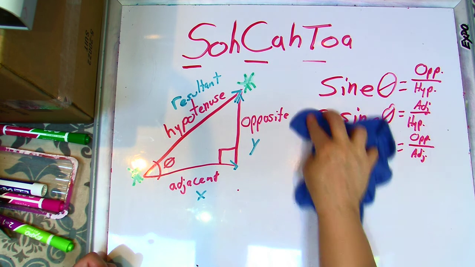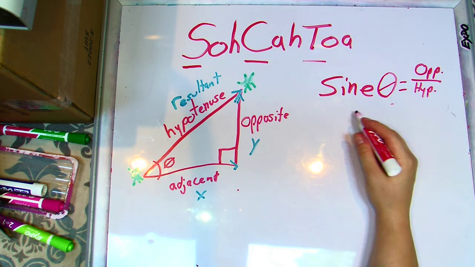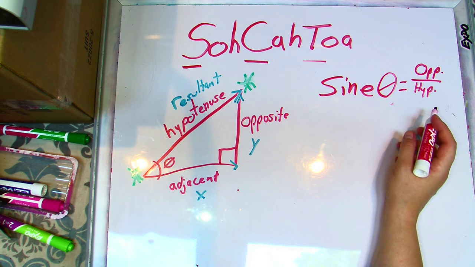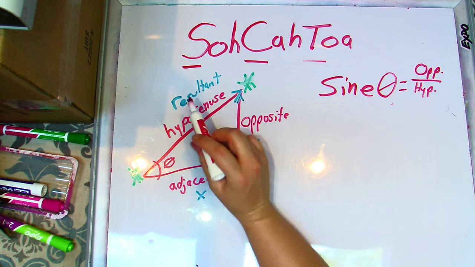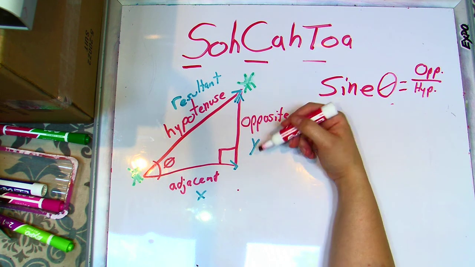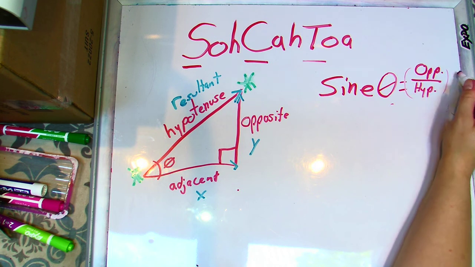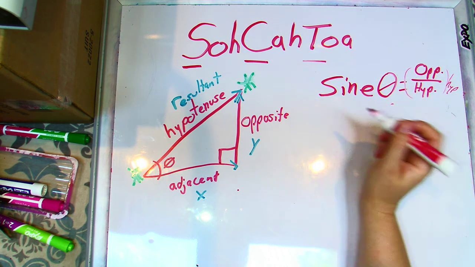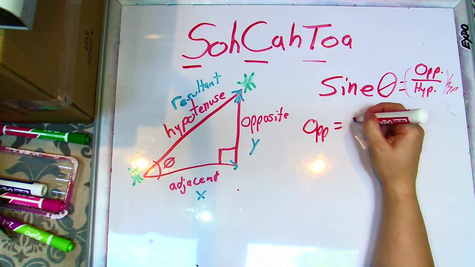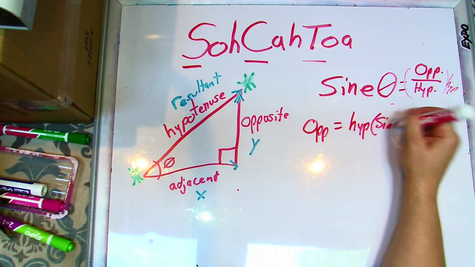So therefore, how we can think about this is, let me get rid of these for a moment. So sine theta equals opposite over hypotenuse. All right, well, what if I know the resultant, but I want to find the y component? Well, we rearrange. We multiply both sides by the hypotenuse, and that would give us opposite equals hypotenuse times sine theta.